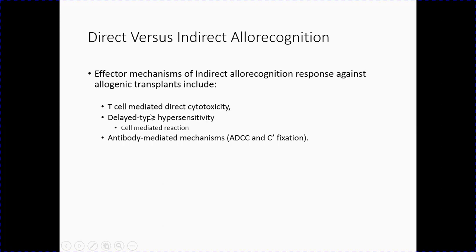So direct versus indirect. That's really the difference, just the mechanisms they get there. But in the end, in both cases, you end up with damage to the grafted tissue and toxic damage that will result in rejection of the tissue.